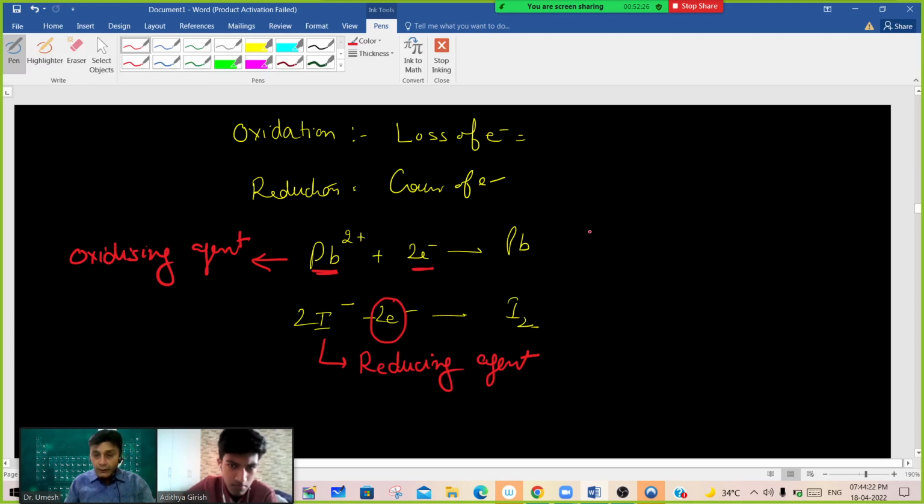This is called a reduction half reaction. This is an oxidation half reaction.